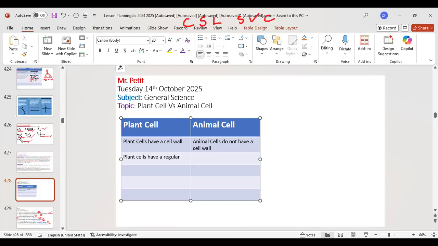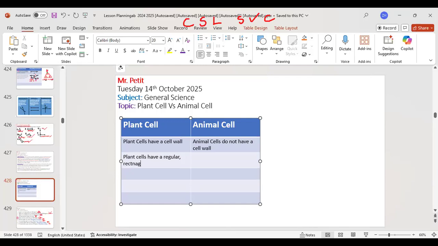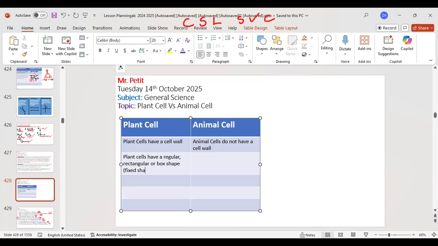So just don't think that plant cells can't be circular, but they have a fixed shape, and they tend to be more rectangular or box shape. But the key thing to remember is that they have a fixed shape. So don't be surprised if you see a plant cell that looks circular or oval or whatever. That's fine. But the key thing is that they have a fixed shape.